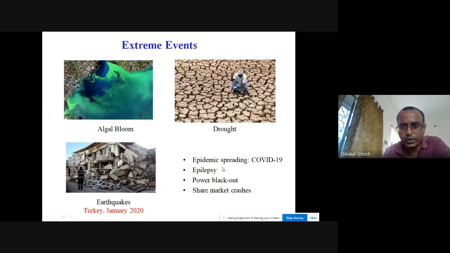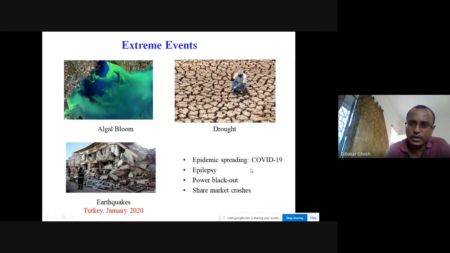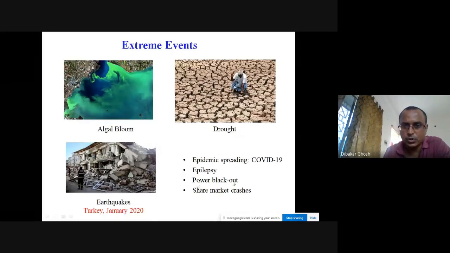Epileptic seizure: my collaborator Nikita is working on epileptic seizure from EEG data of the human brain and shows some extreme event-like behavior. Also, this event occurs in power blackout systems and share market crashes. So, extreme events occur for natural events as well as for some man-made systems.